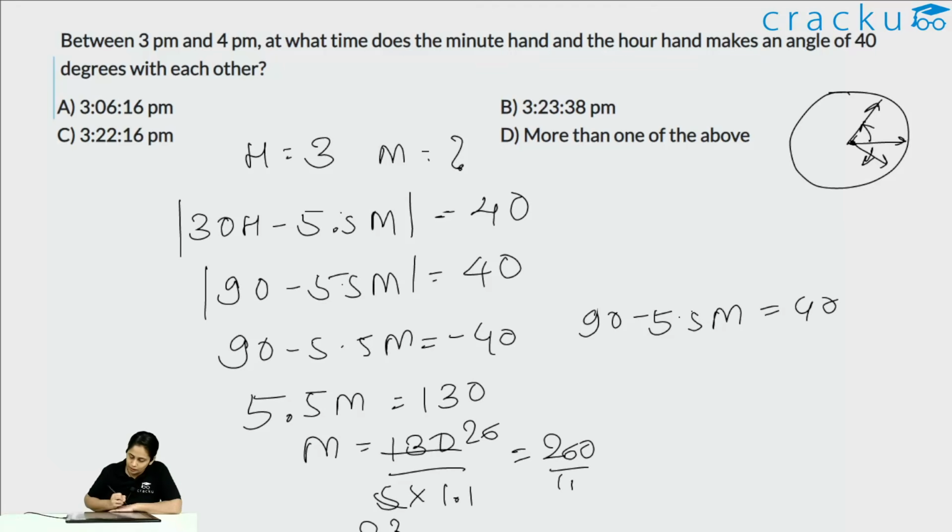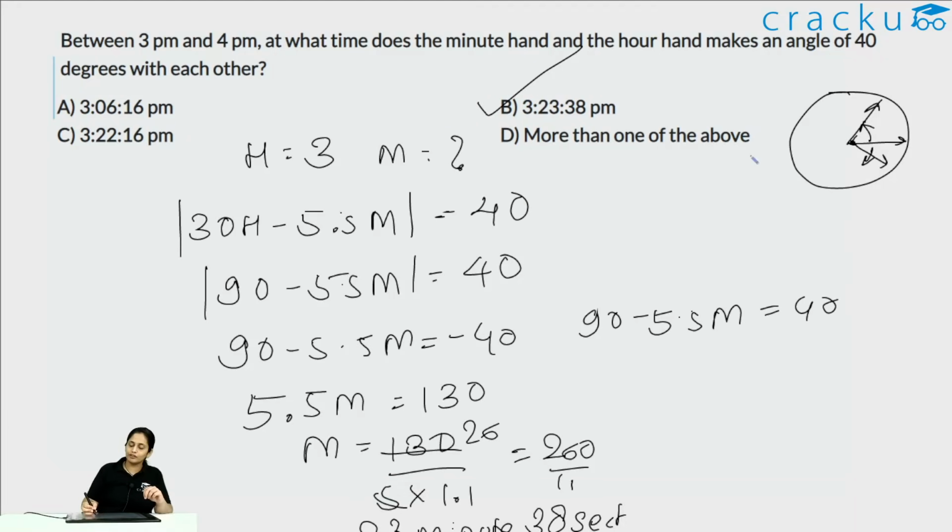So it will be 23 minutes and how many seconds? 7 by 11 minutes is 7 into 60 by 11 seconds, so 420 by 11 seconds, which is about 38 seconds. So this would be at 23 minutes 38 seconds, which is there over here, which is option B.